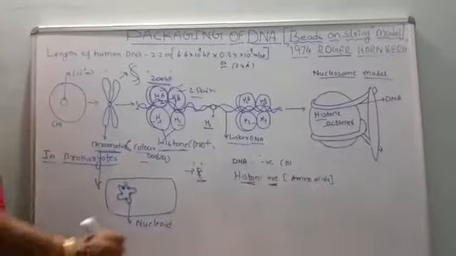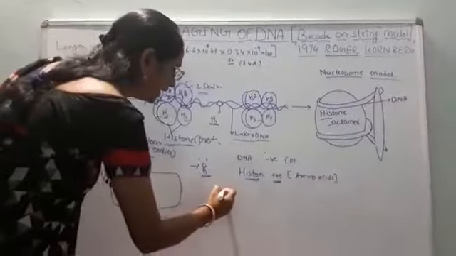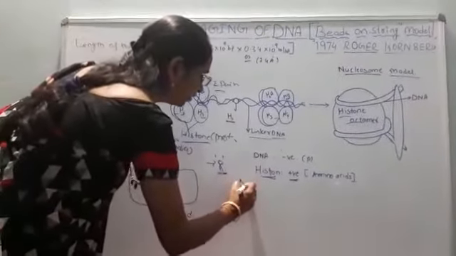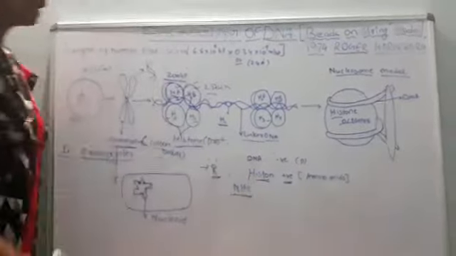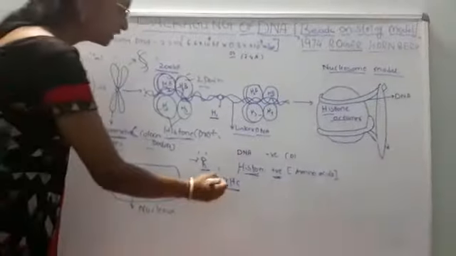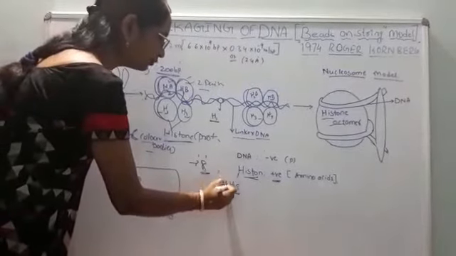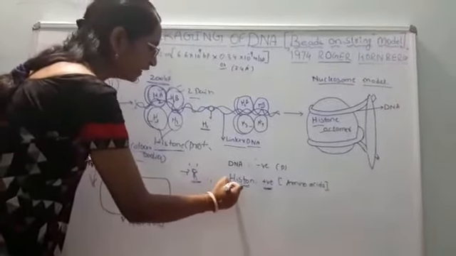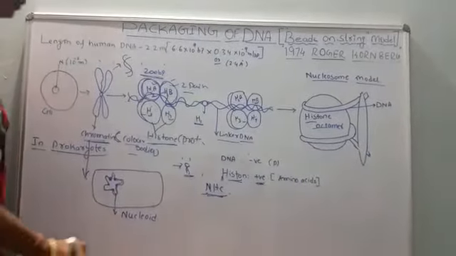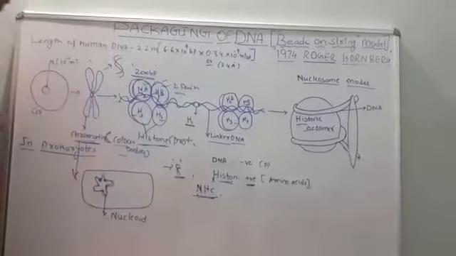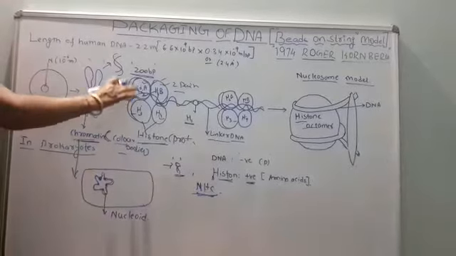Then there are special kinds of proteins known as NHC, non-histone chromosomal proteins. For additional support, the packaging of DNA is supported by these specialized proteins known as NHC. They support the packaging of the DNA. So this is the additional protein associated with the nucleosome.